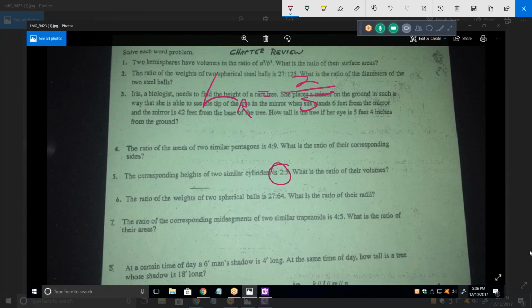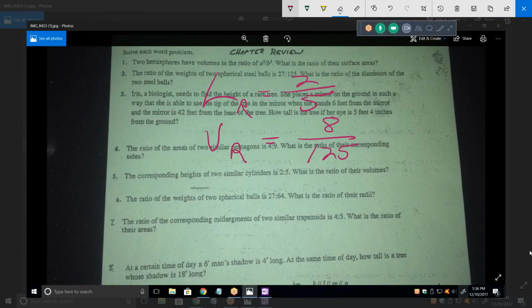What's the volume ratio? Would it be 16/20 or 125? It's the numerator cubed over the denominator cubed. You got the 125 right, but 2 cubed is not 16. It's 8. Oh, 2 times 2 times 2 is 8.